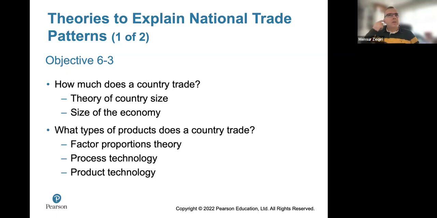So according to this theory, bigger countries are less dependent on other countries when we talk about exporting and importing. That's why they are apt to have more varied climates and an assortment of natural resources that can make them more self-sufficient.